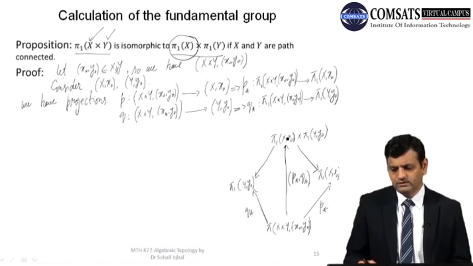Since this is a group, because this is the Cartesian product, or direct product, of two groups, and this is a group and this is also a group, being fundamental groups, these maps P lower star and Q lower star are homomorphisms of these groups. So (P lower star, Q lower star), according to our discussion of projection, is going to be a homomorphism.